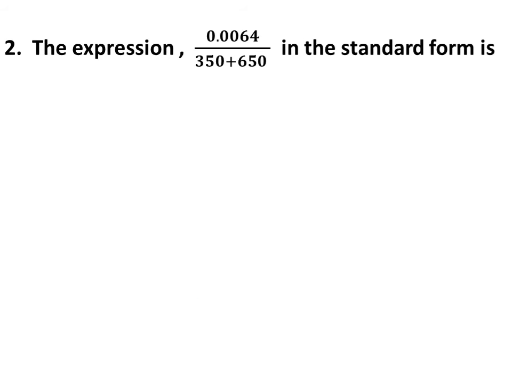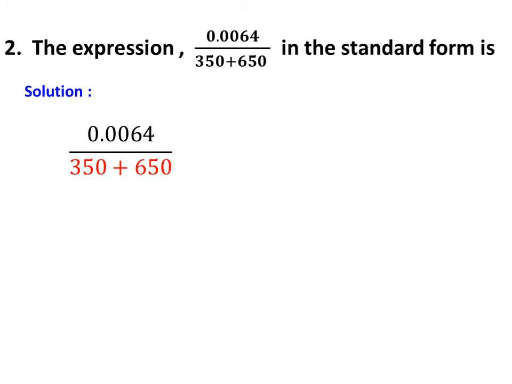Question number 2. The expression 0.0064 by 350 plus 650 in the standard form is. Let's first add 350 and 650.